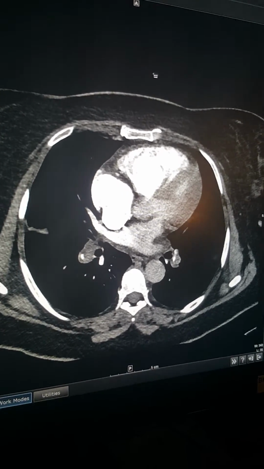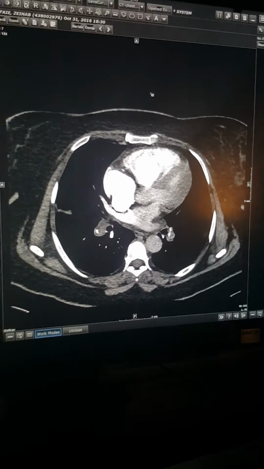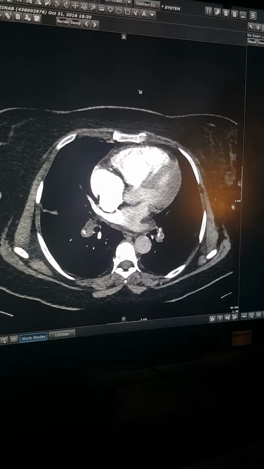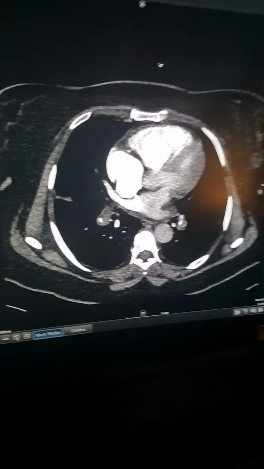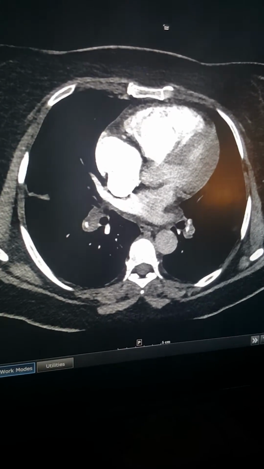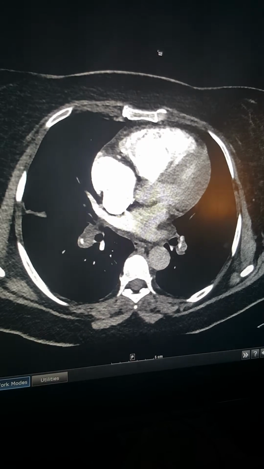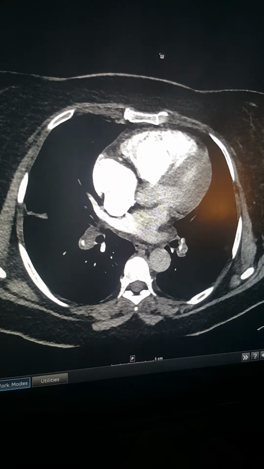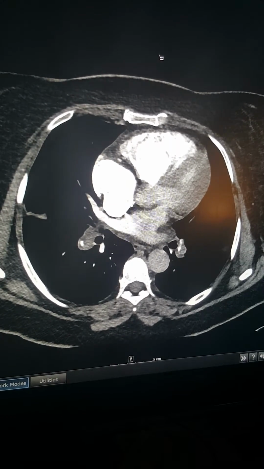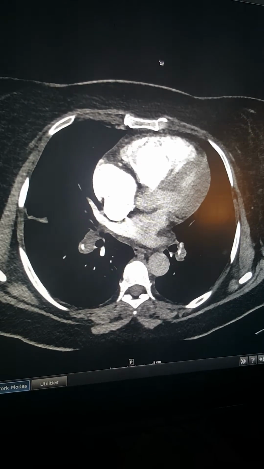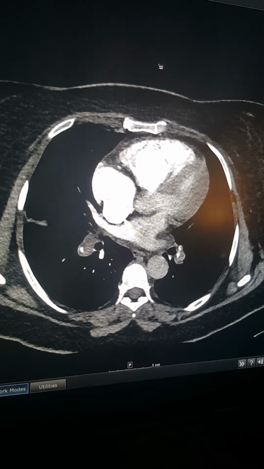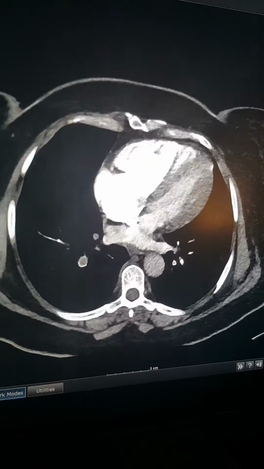What's the take-home message, Dr. Nasser? Okay. CT pulmonary angiogram is the gold standard in a case of suspected pulmonary embolism. If you suspect it clinically, CT should solve the problem. Excellent. And we should always urge all trainees to discuss radiology findings with the radiologist if you have any doubt.